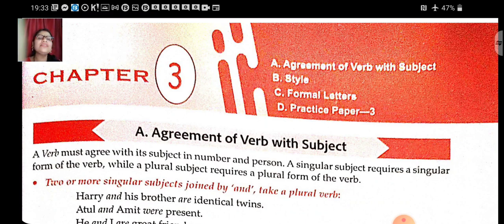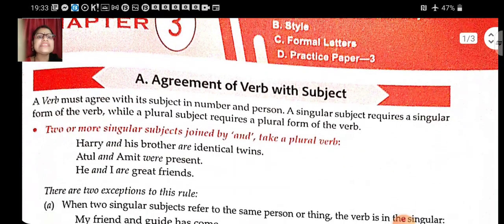But now again try to understand the meaning of the sentence. If you see here, Harry and his brother, we were talking all about the main verbs. Whenever you use main verbs, you are supposed to use s or es along with them.